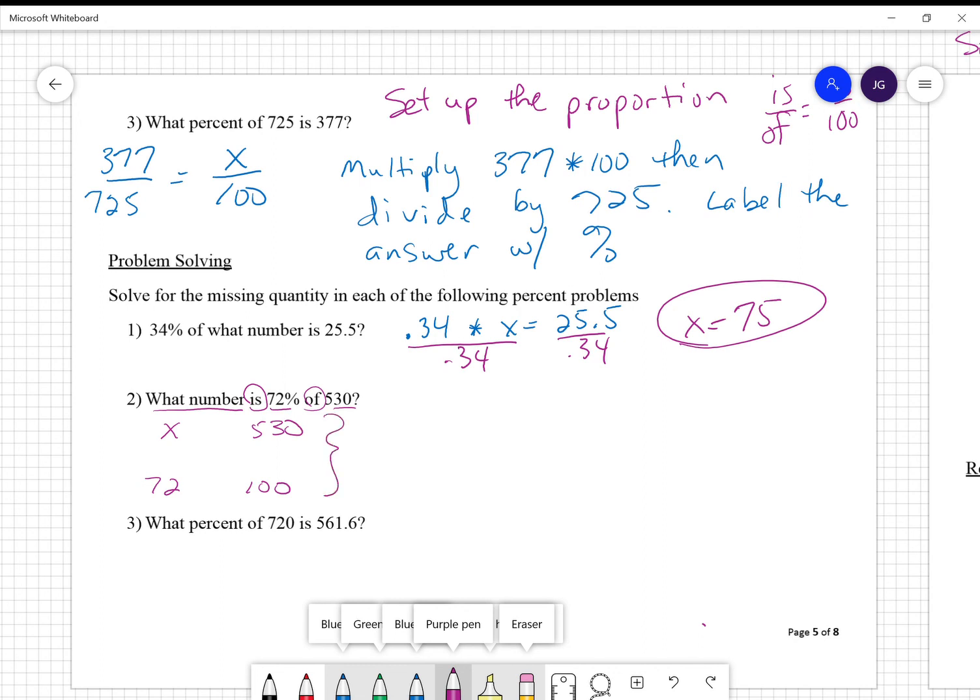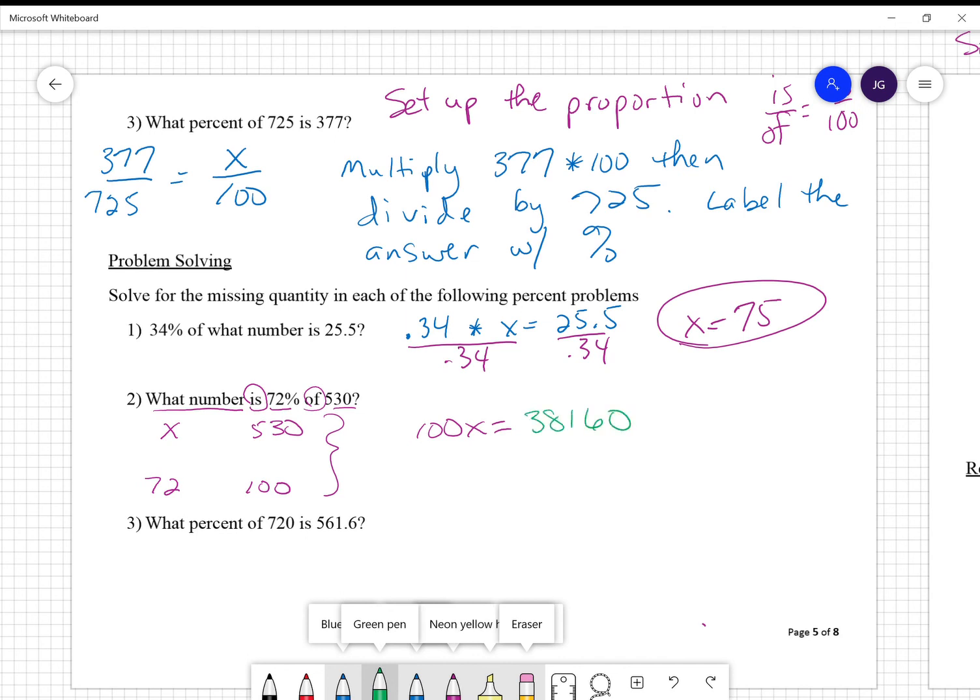So that will translate to the equation. Okay, I'll just say purple then. 100x equals 530 times 72, which is 38,160.